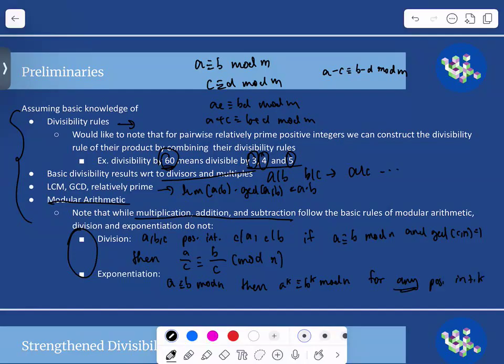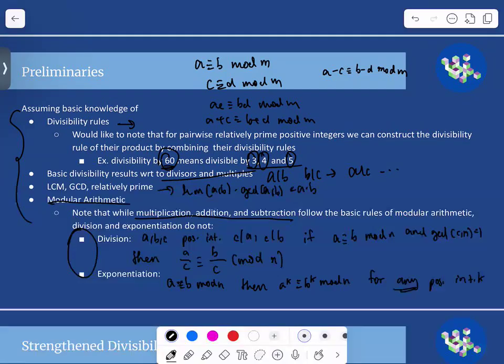For exponentiation, if you're somewhat strong in factorizations, expansions, and algebra, then the proof is quite simple.